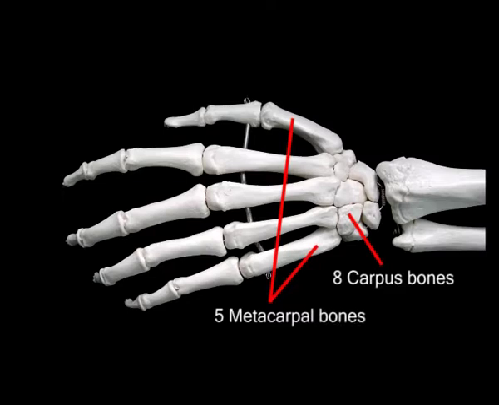Then we have phalanges. The thumb has only 2 phalanges. Other fingers have 3 phalanges.